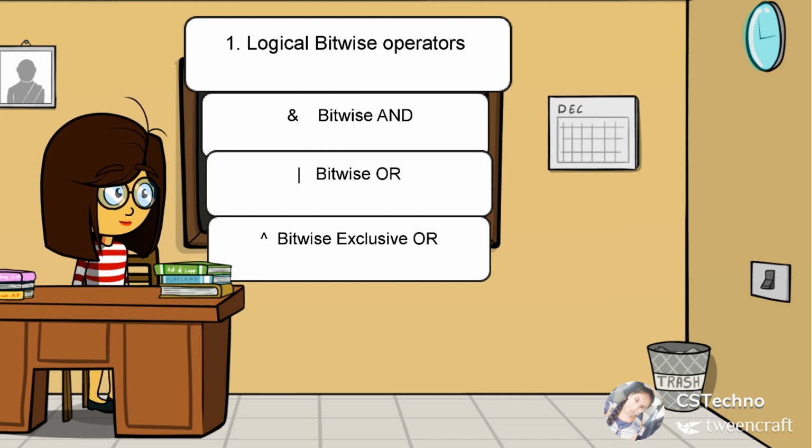Next, bitwise OR returns true if one of the operands has a true value. The last one, bitwise exclusive OR, will return true only if any one of the operands has the value true. If both the operands are true or both the operands are false, it returns false.